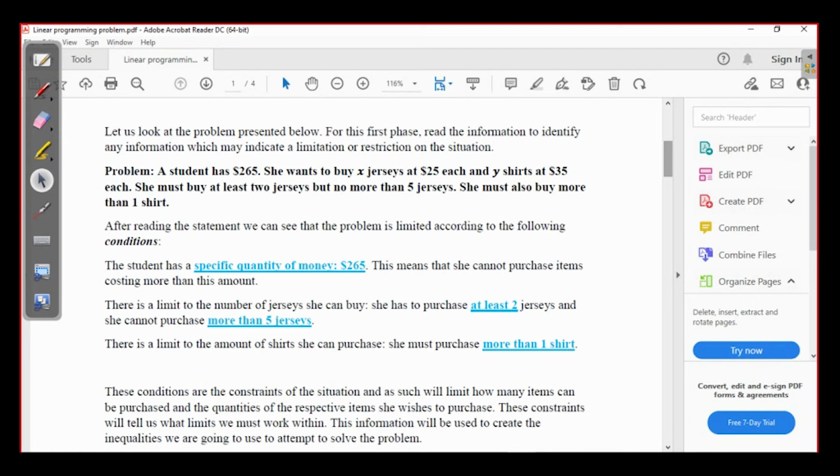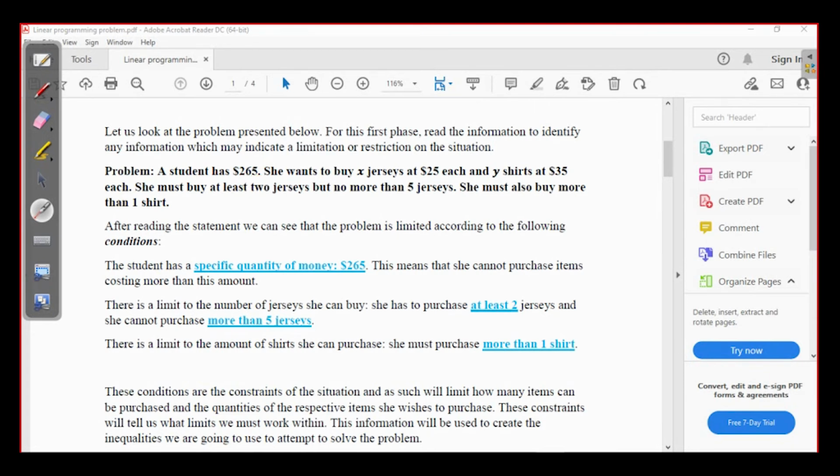The first task that we will have to do is create a collection of constraints. So when I say a collection of constraints, I'm talking about a set of inequalities based on the situation, right? So here my problem states that a student has $265.